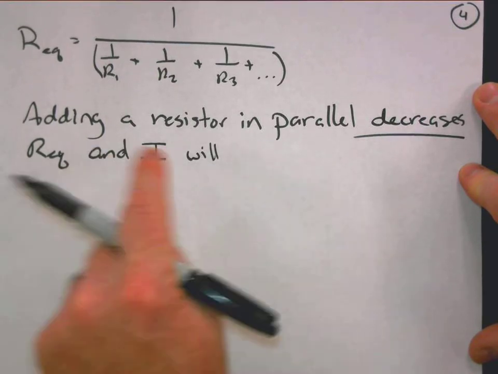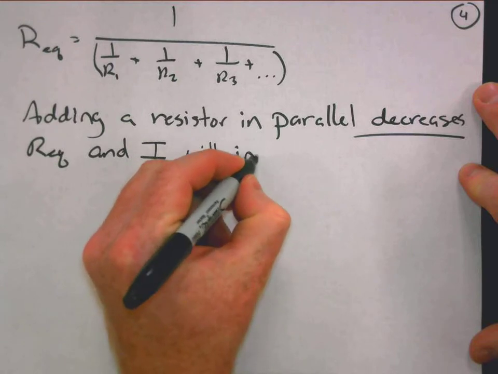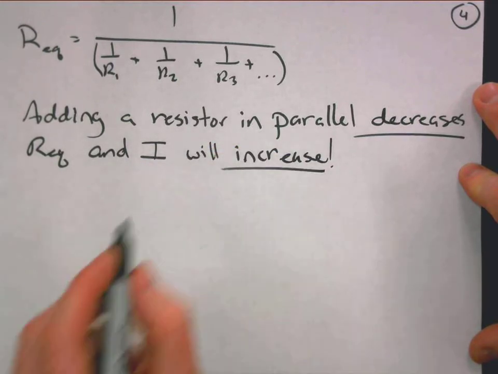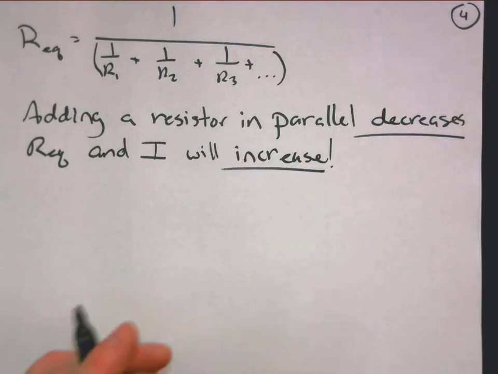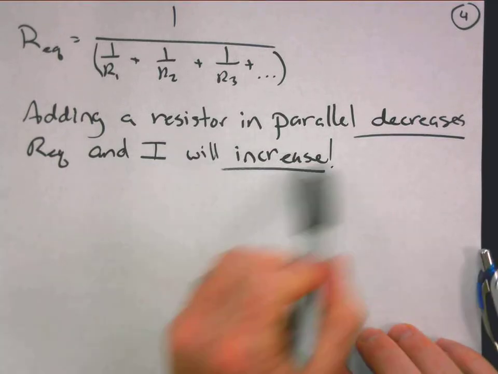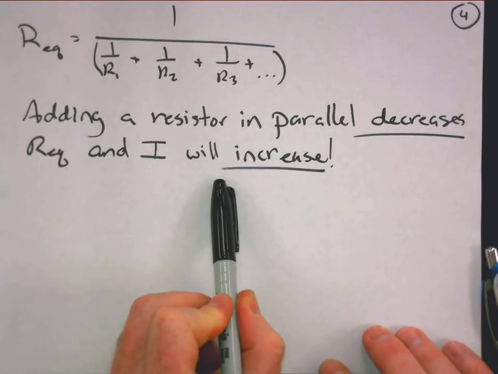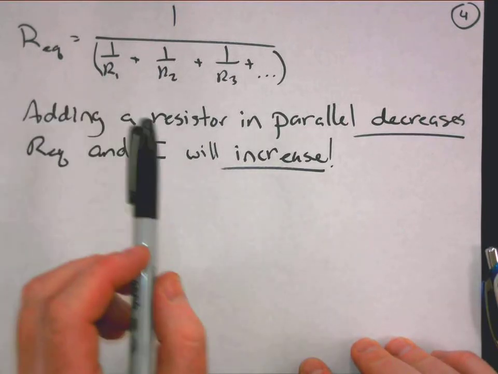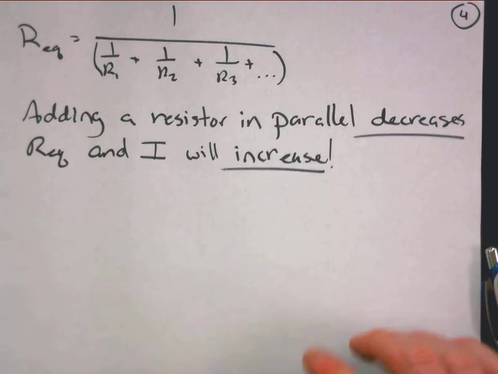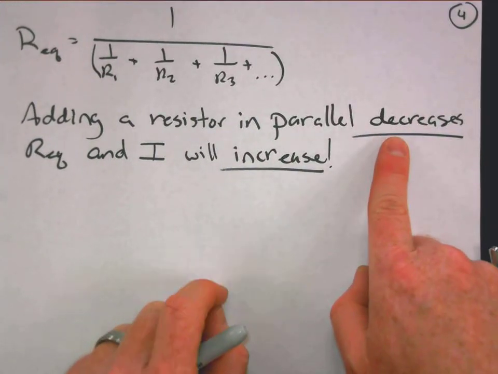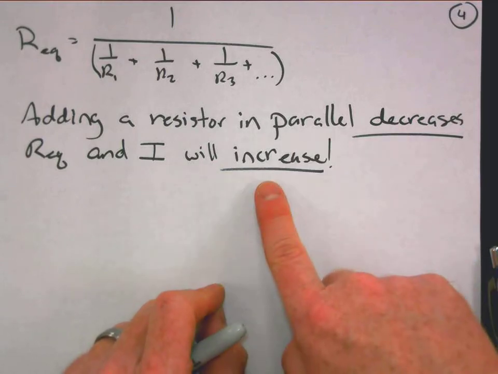Less resistance, more current. Current will increase. And so, real important to keep that in mind. And that is totally opposite of a series circuit. In series, if you add a resistor, the equivalent resistance increases and the current decreases. Here, in parallel, the equivalent resistance decreases and therefore the current increases.